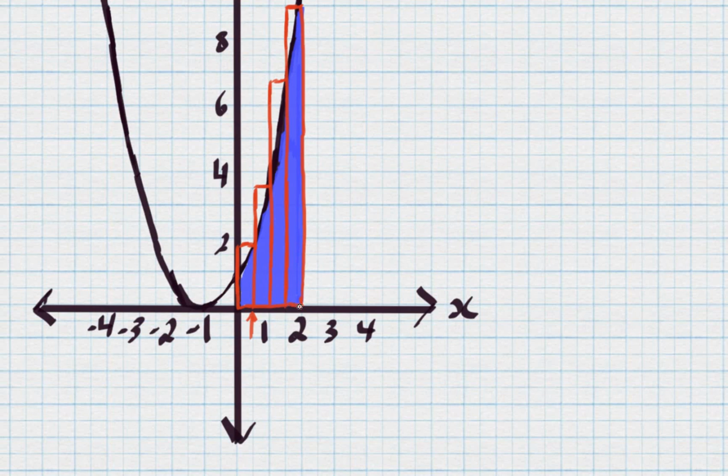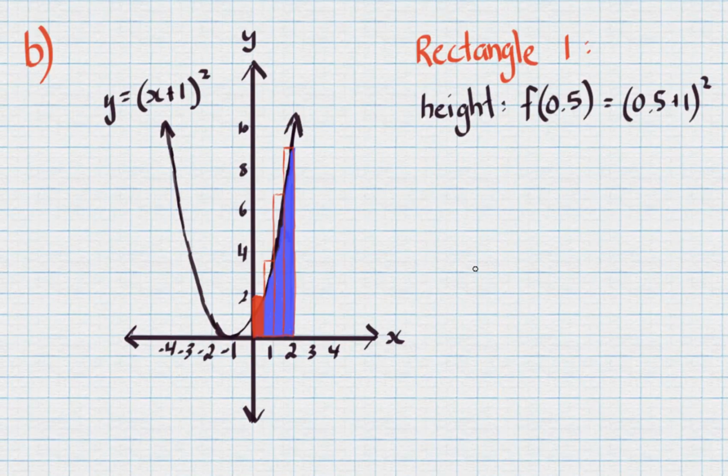And our fourth and biggest rectangle is determined by x equals 2, giving its height. When we substitute in x equals 0.5 to find the height of our first rectangle, we notice that we've seen this before because we looked at this in part A, and so 1.5 squared gives us 2.25.